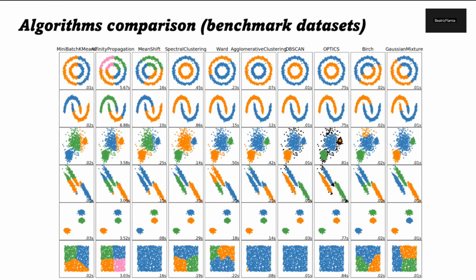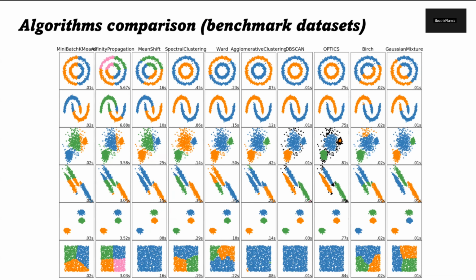And here we have accounts. We have 6 data sets; each line is 1 data set. And we have 10 algorithms. The algorithms are in the first line.